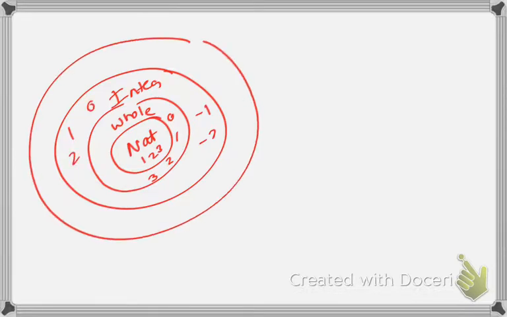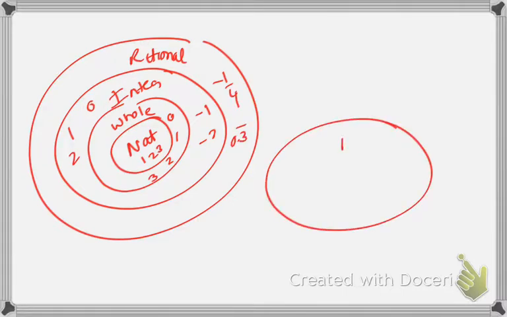Okay, and then our rationals. Negative 1/4, 0.3 repeated. As opposed to our irrationals, which are the non-perfect squares, the square root of 8, pi.